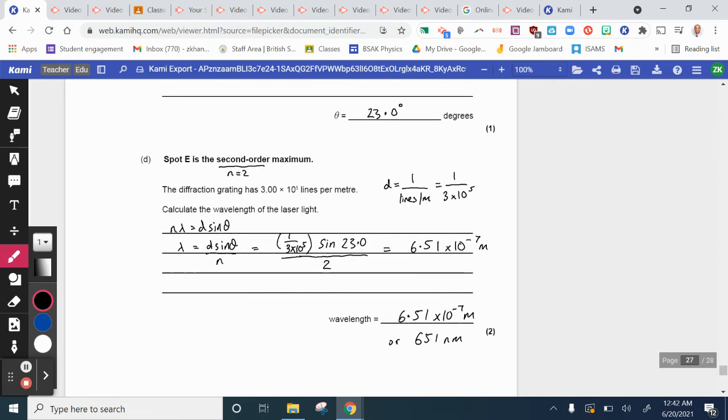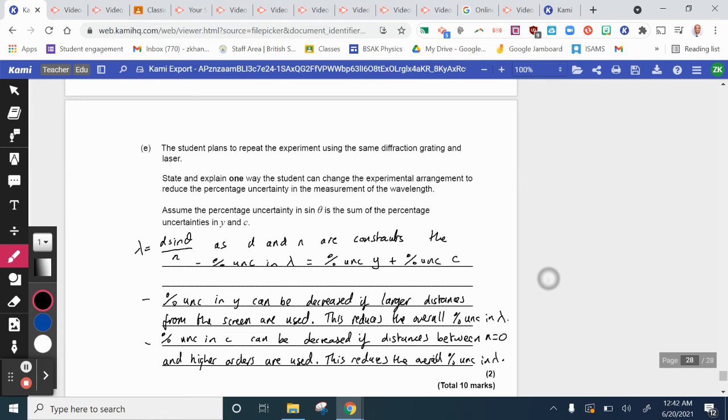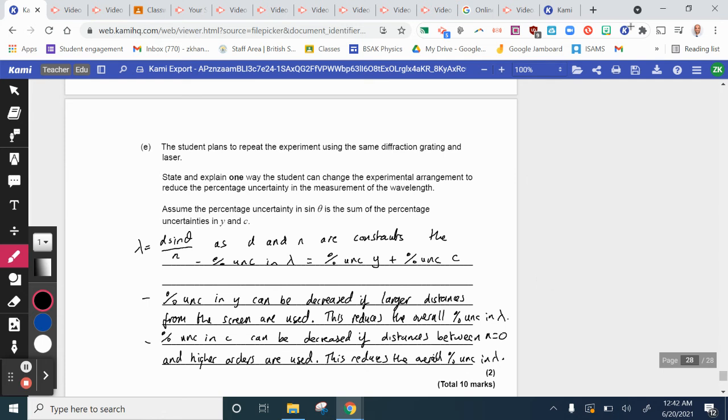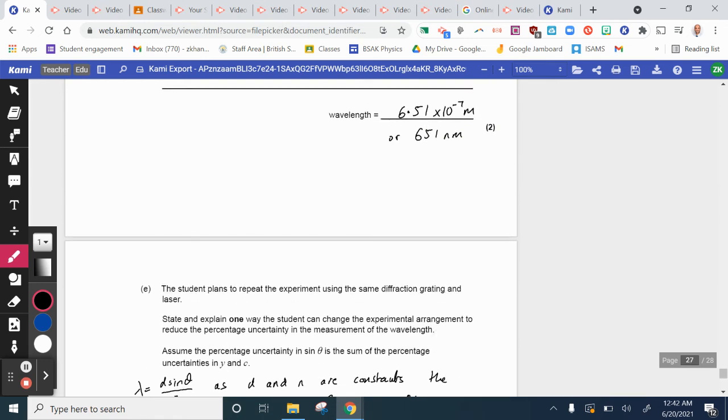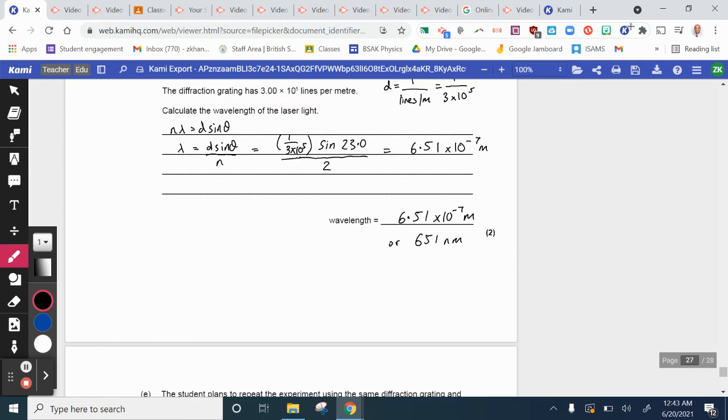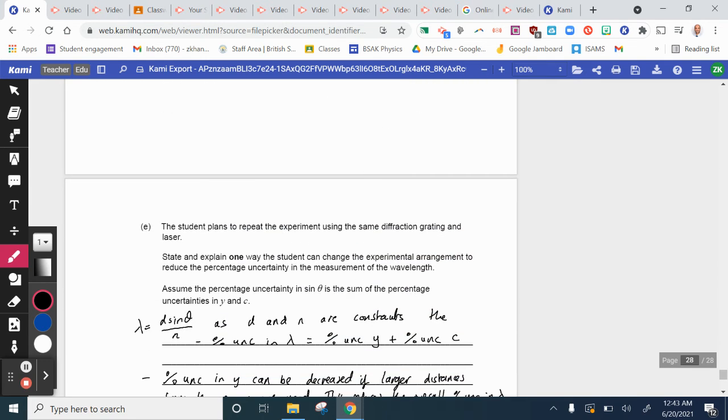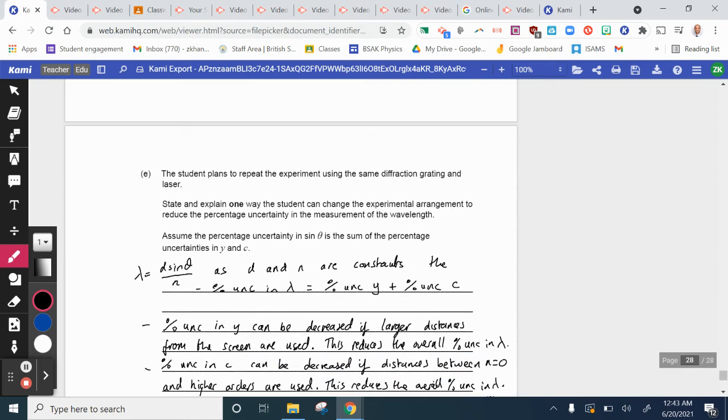Okay, so let's have a look at what's going on. We want to work out the wavelength. So this is the wavelength formula, the way we rearranged it, lambda equals d sine theta over n. So let's have a look at d. We're going to make the assumption that the distance between the slits is relatively accurate. n we'll say is 2 as before.